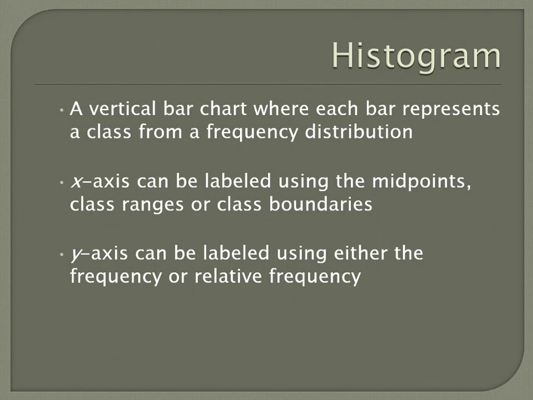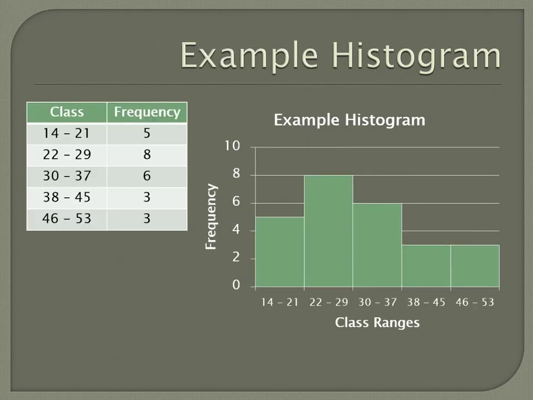All of them represent the x-axis values equally well. For the y-axis, the frequency or the relative frequency will give you the same shape of distribution, although your scale will be a little bit different. But let's take a look at an example histogram that's using the class ranges versus the frequencies.